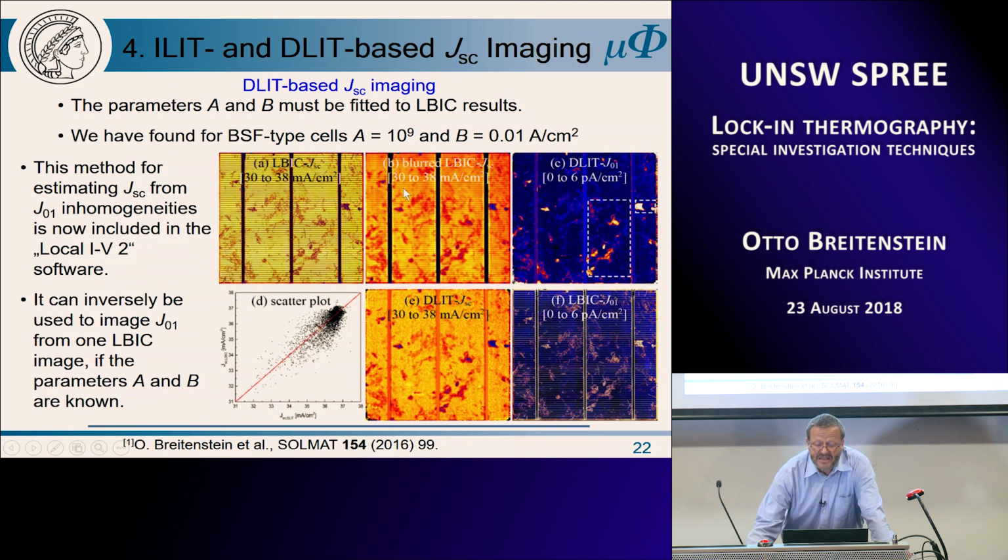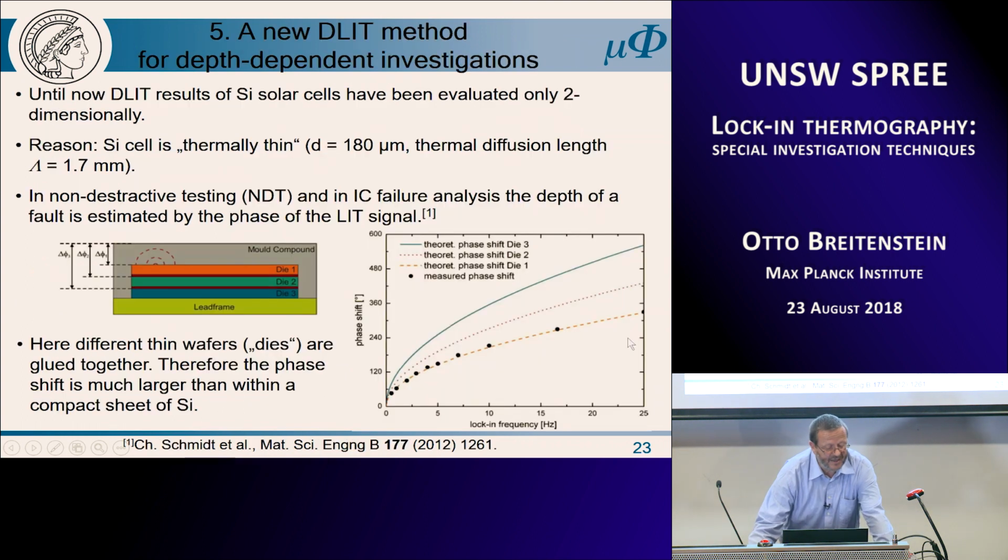And this is our DLIT JSC, which is based on this DLIT-based J01 image here. And I mean, you see the results are not exactly the same, but are quite similar. And if we plot the DLIT JSC over the blurred, so the scatter plot here, then we see it is nicely proportional. We also have done EBIC J01, but I will not go into this detail here now.